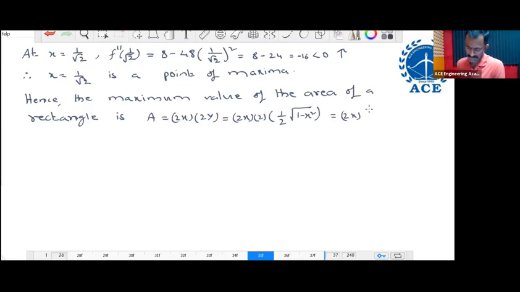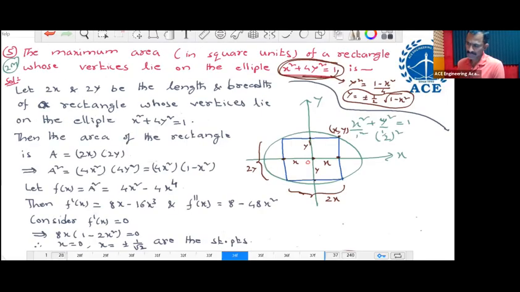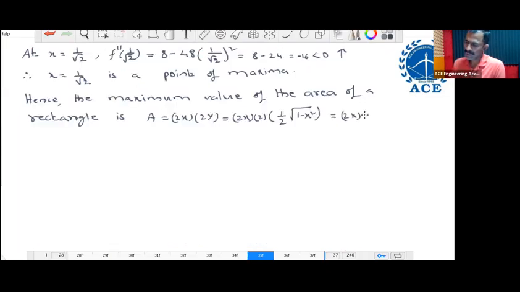So this is under root of 1 minus 1 by 2, because x equal to 1 by root 2, and here x is also 1 by root 2.